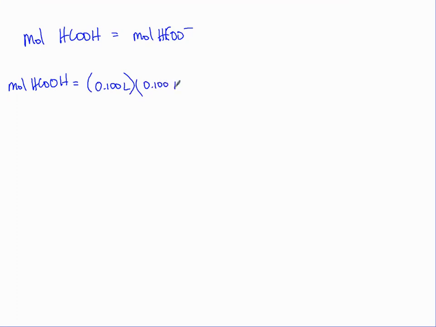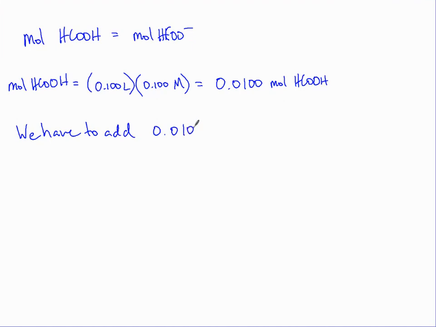Concentration is 0.1 molar. 0.01 moles of your formic acid, which means we have to add 0.0100 moles of sodium formate to create this solution.